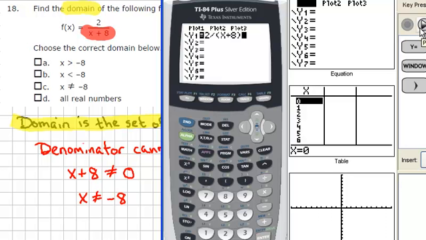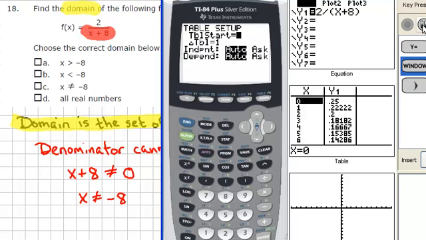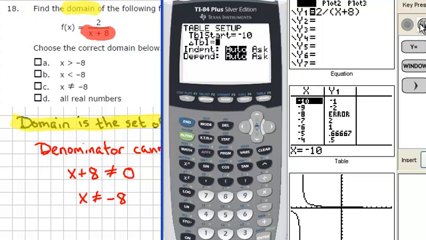Once you've entered the function into your calculator, what you might do would be to create a table of values. So go to second window, which is table set, and what I suggest is that you start off with a negative value of x, let's say negative 10, and then use a table increment of 1.